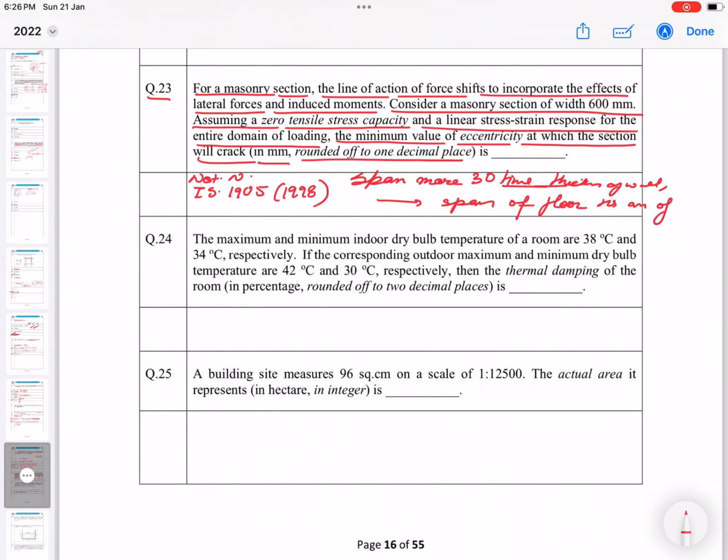And to what extent? To an extent of 1/6. Remember this: 1/6 of the bearing wall width. So the bearing wall width here is 600.